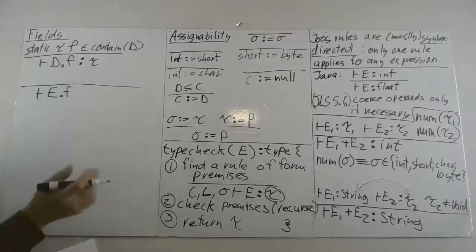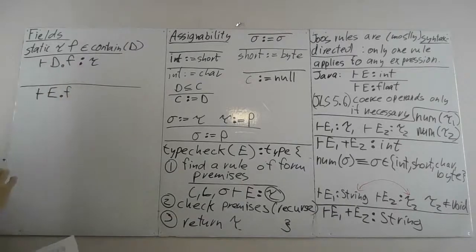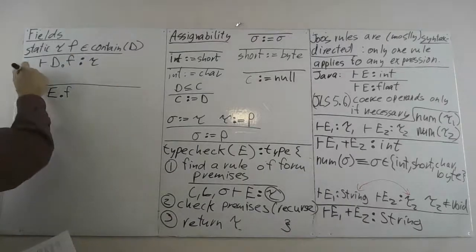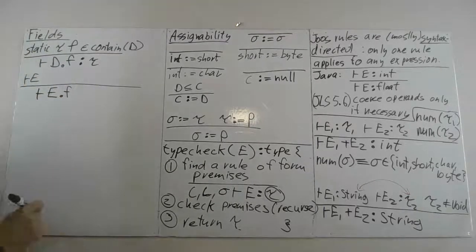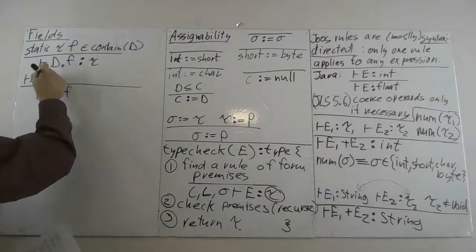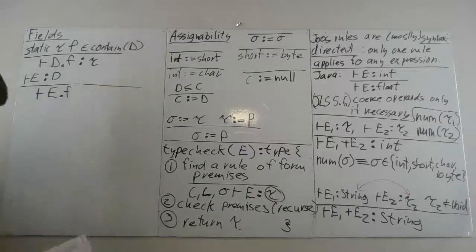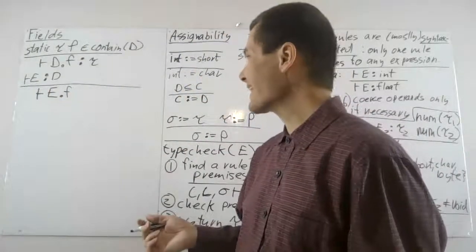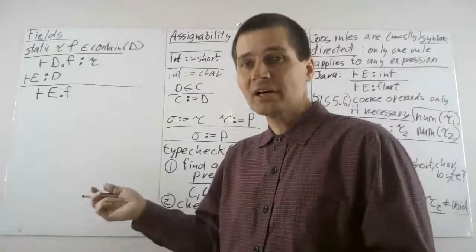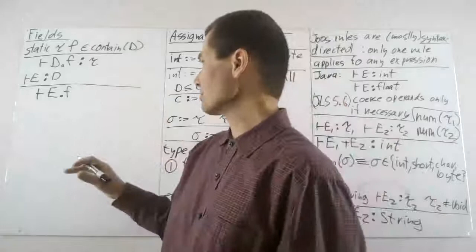Since we're accessing the field on an expression now, not on a class, we first need to type check the expression. So I'm going to recursively type check the expression, and I hope that the expression has a class type, which I'll call D. If the expression has a primitive type like int, then int doesn't have any fields, so you wouldn't be able to apply this rule.